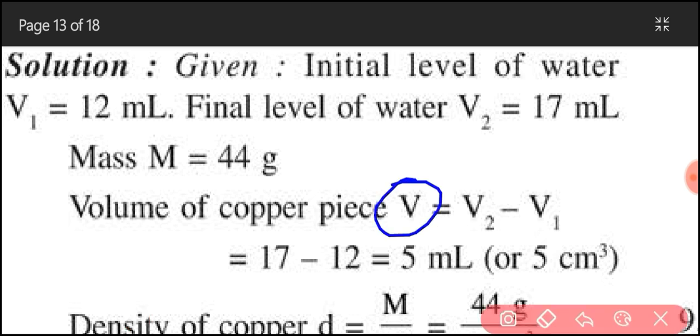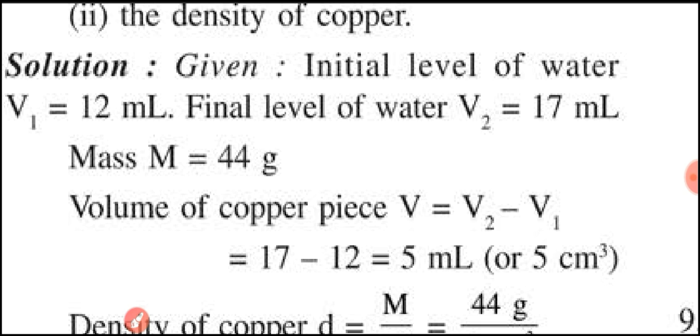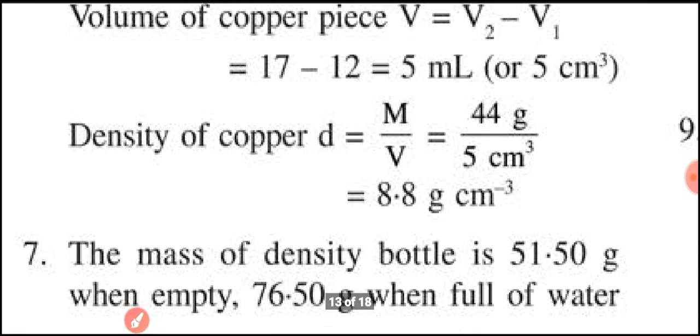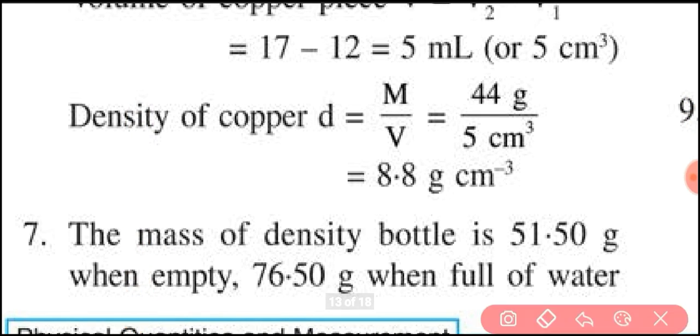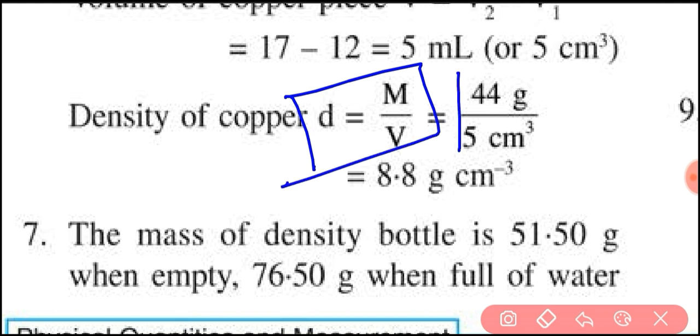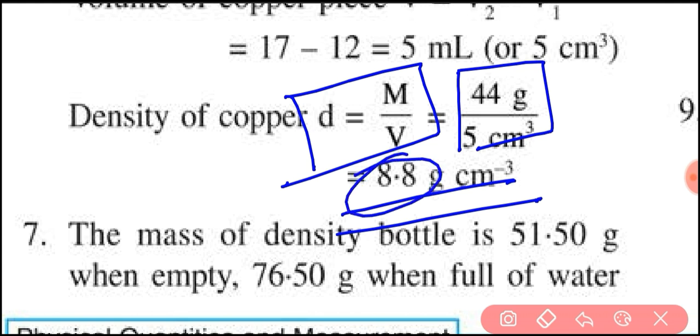Now density of copper D is equal to m upon V. That means 44 upon 5. By calculating this, we will get the final answer 8.8 gram per centimeter cube.